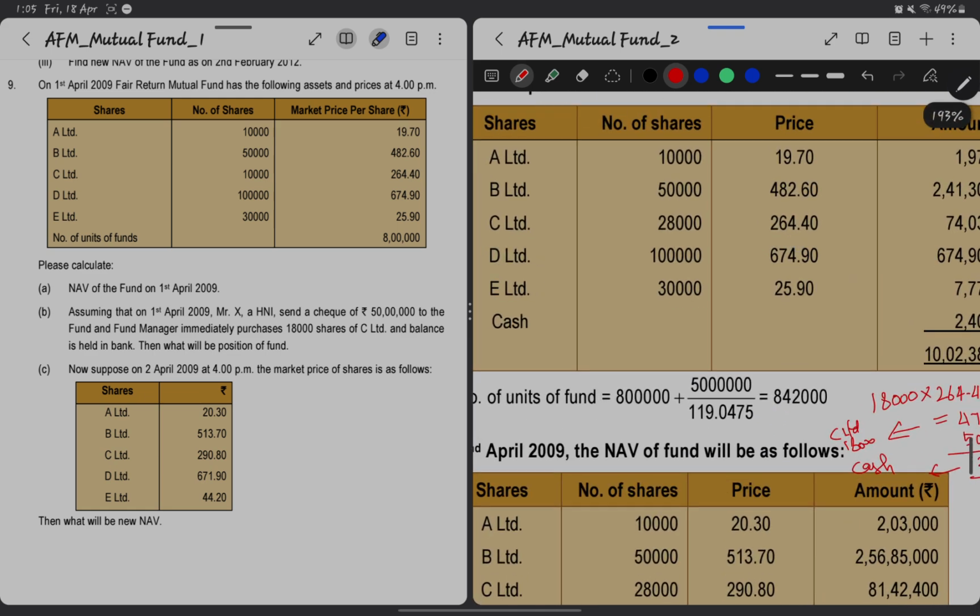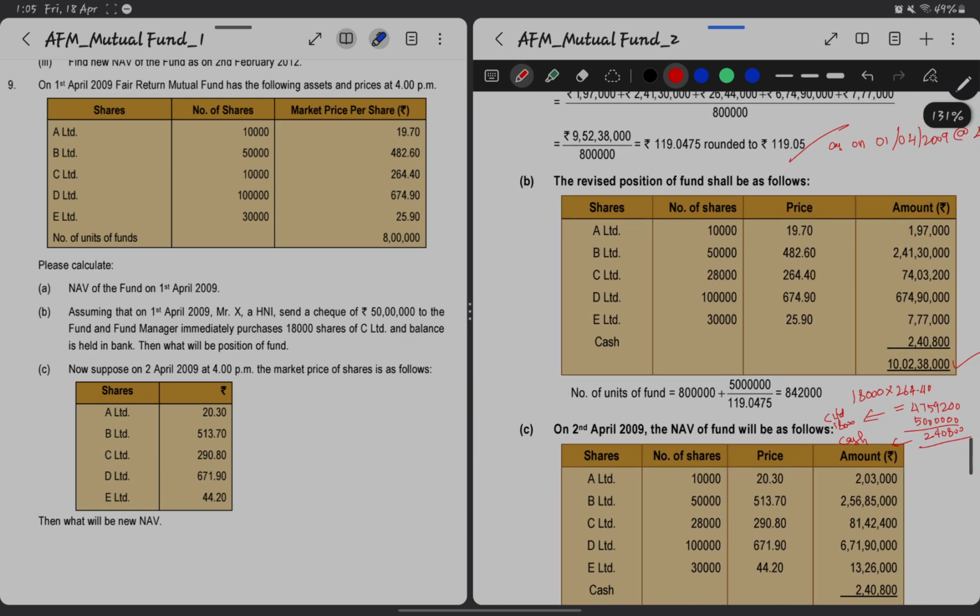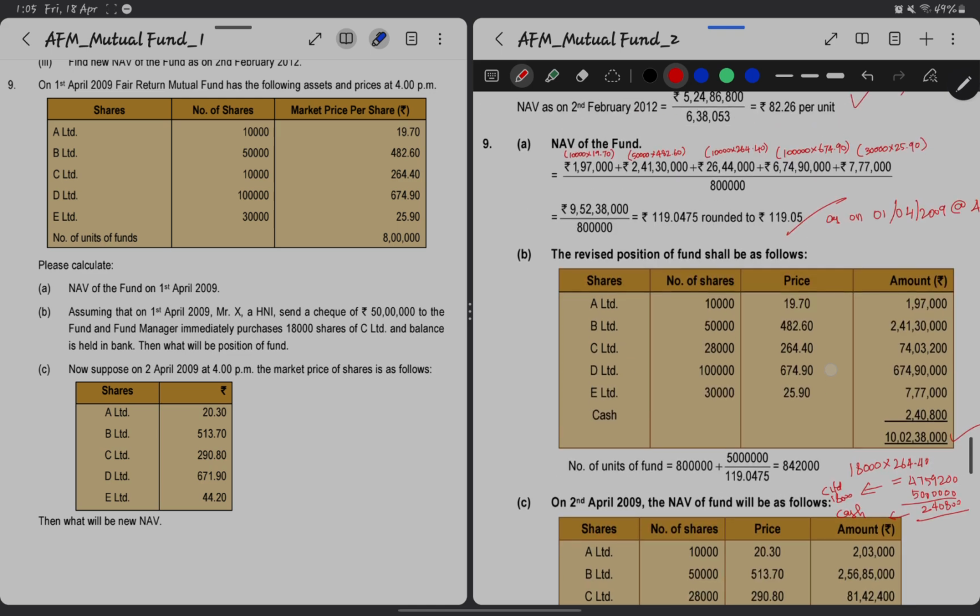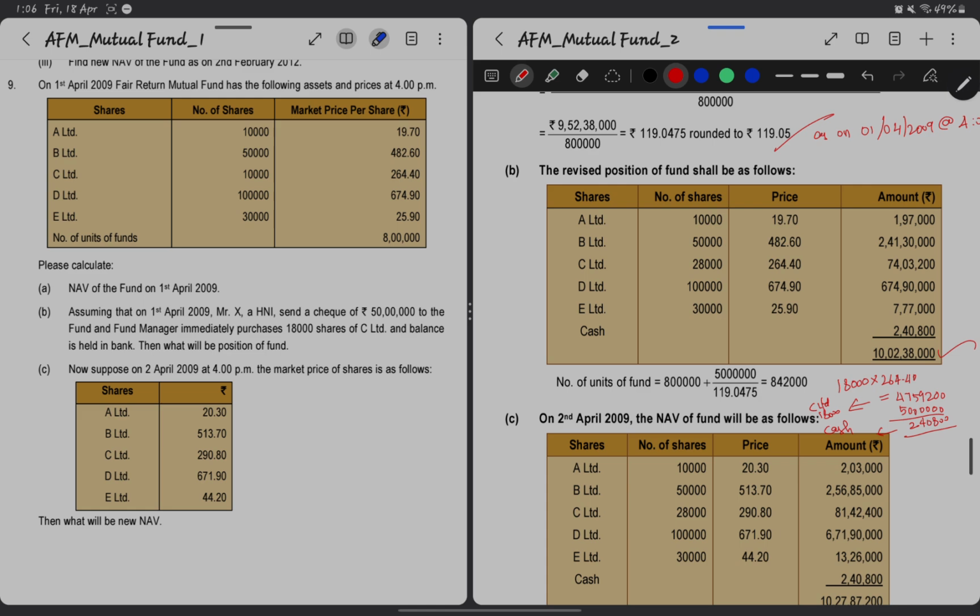Then we need to find the revised number of units, which is nothing but the investment of 50 lakh divided by the previous NAV, which we found is 119.05. So 50 lakh divided by 119.05 is 42,000. So 8 lakh plus 42,000, 8 lakh 42,000, is the revised number of units of the mutual fund.